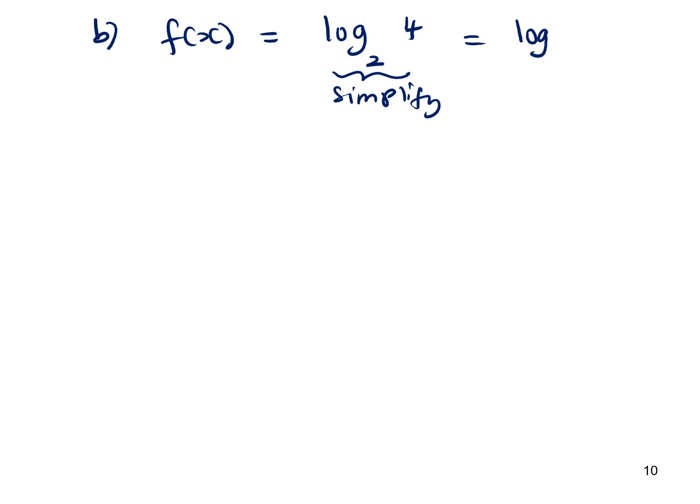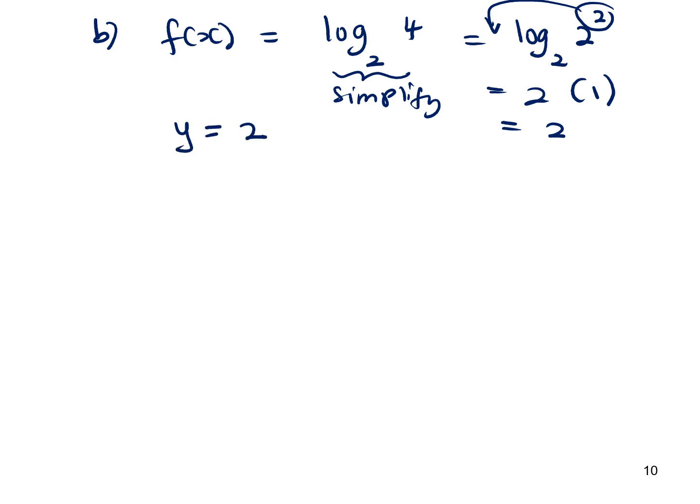For B, f(x) equals log 4 base 2. We simplify first. You get log of 2 squared, base 2. Now the 2 you can bring in front, so you get 2 times 1, which is 2. So actually this is a constant function y = 2.